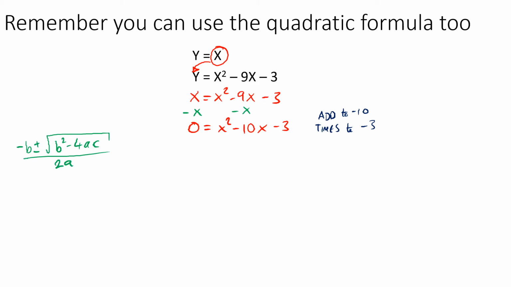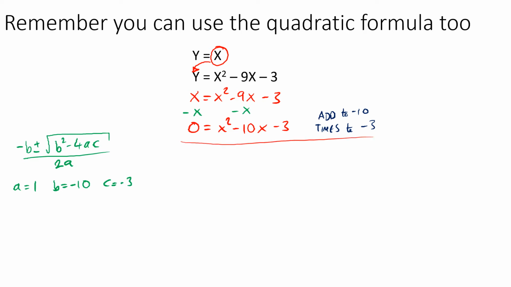Now in this case, a, remember, is the number of x squared, so a is equal to 1. b is equal to the number of x's, so b is equal to minus 10, that's from here. And c is the number at the end, so c is minus 3, and we're going to sub that into the formula.